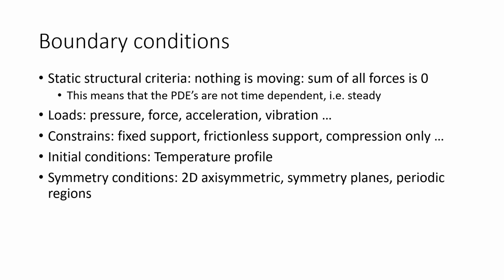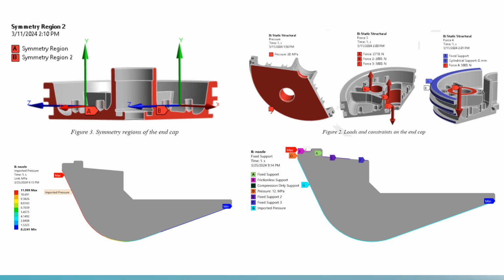There are 2D axisymmetry, planes, periodic regions, and probably some more in the newer versions. So here are some examples of how it looks when we are defining these boundary conditions. You can even import pressures from CFD. So basically, it is limitless what you can do.